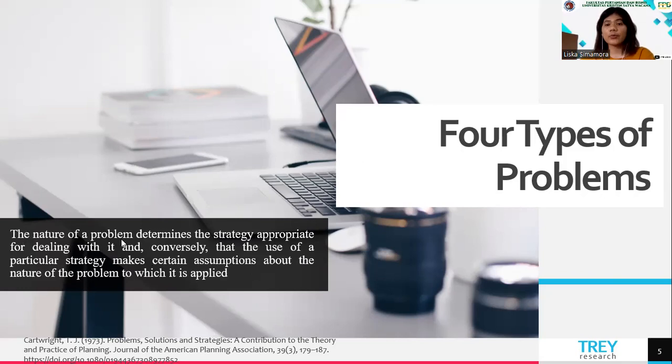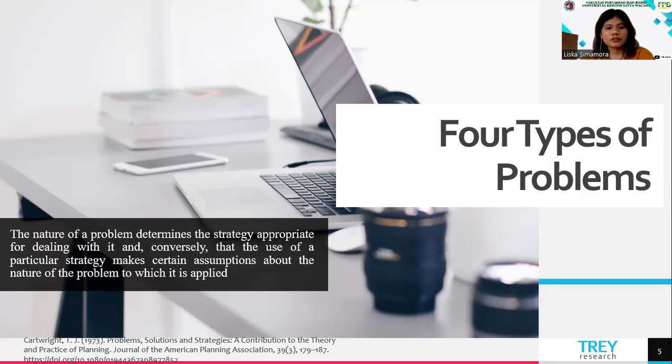The nature of problem determines the strategy appropriate for dealing with it. All problems have a different nature. So different problems, of course, have different approaches to solve them, and will be approached with a different solution.